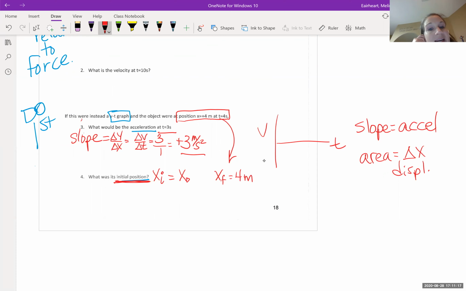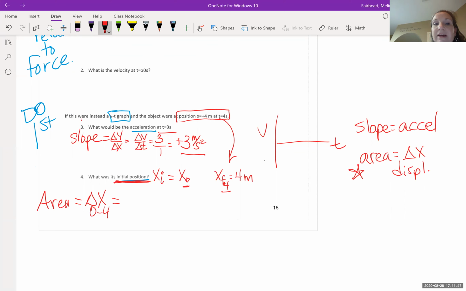And so I can't solve for the initial position based on final position alone. But remember, the area between the best fit line, the data line, and your axes tells you the delta x, the displacement. So if I have 0 seconds and then that one's happening at 4 seconds, I'm going to do the displacement or the area from 0 to 4 seconds.